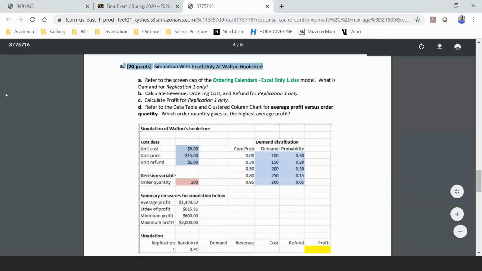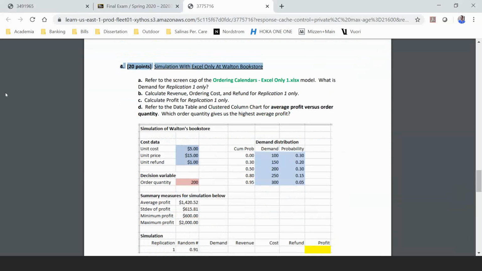All right, so 4 will be on chapter 10, which was on the simulation models. The ordering counters one, all right, and so I have two problems on that, and so basically 3 questions on chapter 14, I think it is.